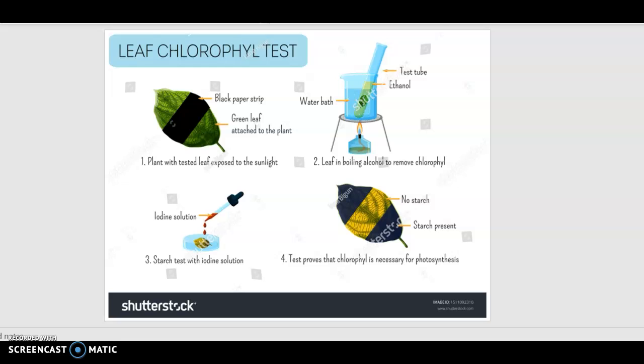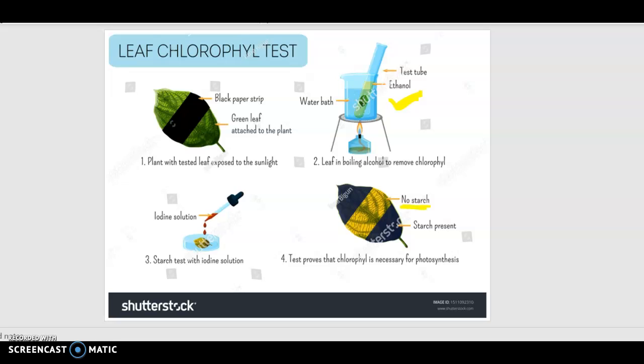You can observe this in this experiment or in this figure also, where we have a leaf, some part of which is covered with black paper, a black strip. When we dip this green leaf in ethanol to remove the chlorophyll from it, and after that put iodine for the starch test, the test proves that chlorophyll is necessary for photosynthesis, because the covered part doesn't have any starch.